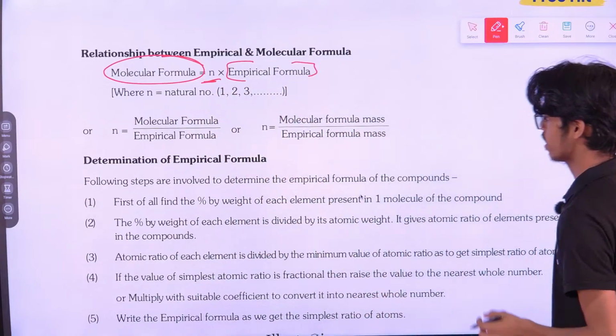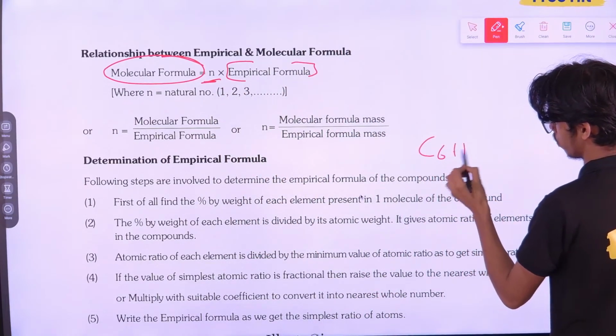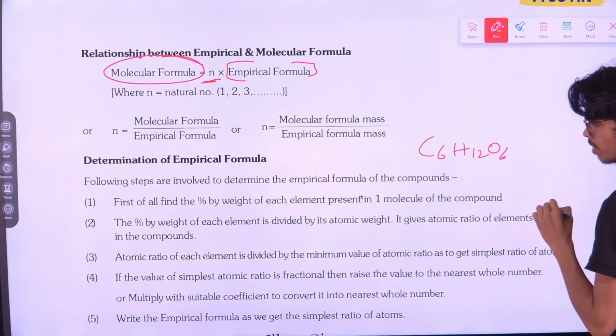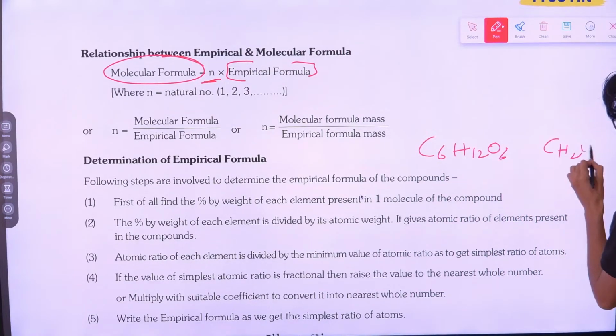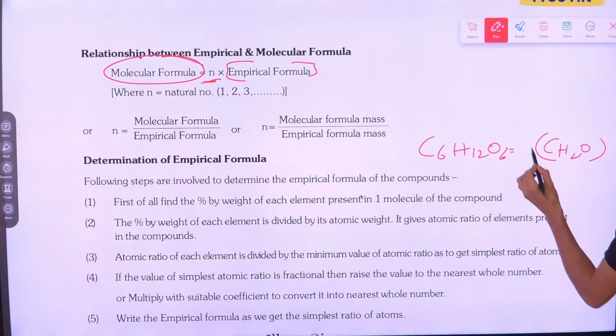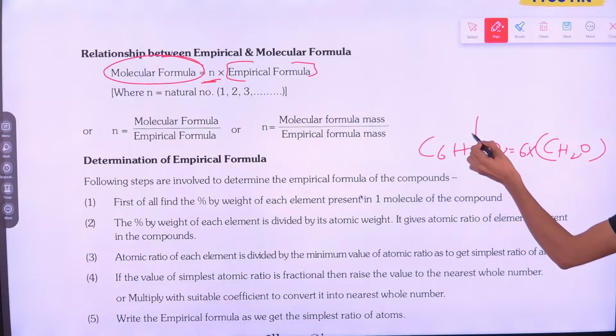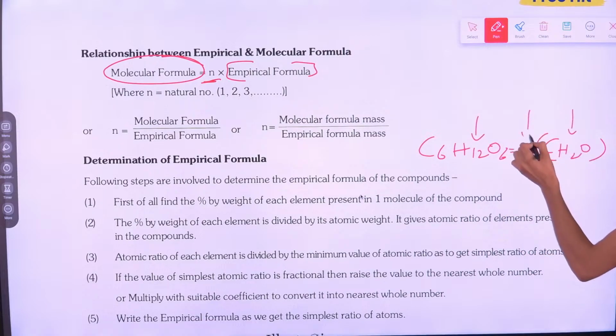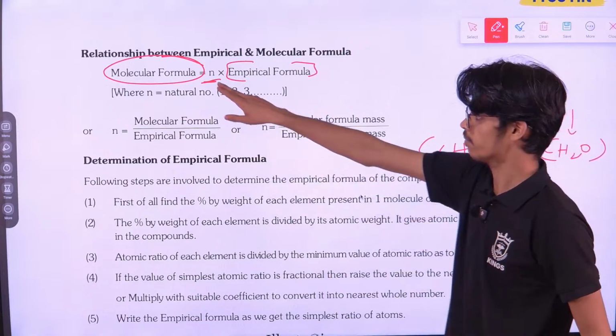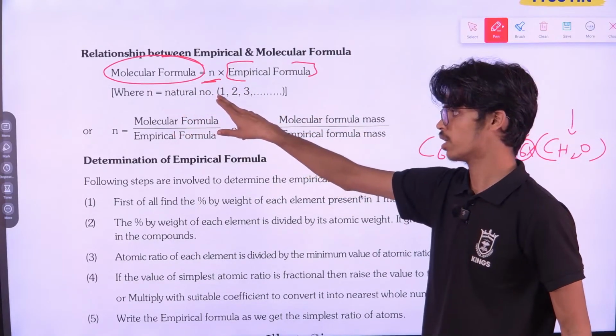For example, the molecular formula is C6H12O6 and the empirical formula is CH2O. So how many times should I multiply this? By 6, right? By 6 to get this. So this is the molecular formula, the empirical formula, and that number, 6, which we call n. Understandable? n can be some natural number: 1, 2, 3, 4.